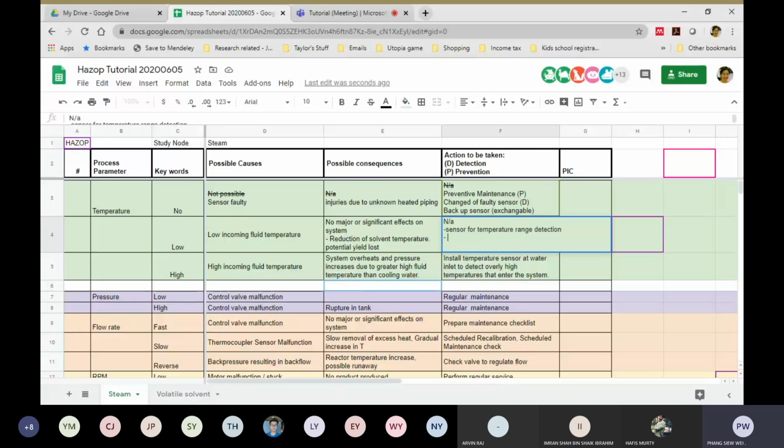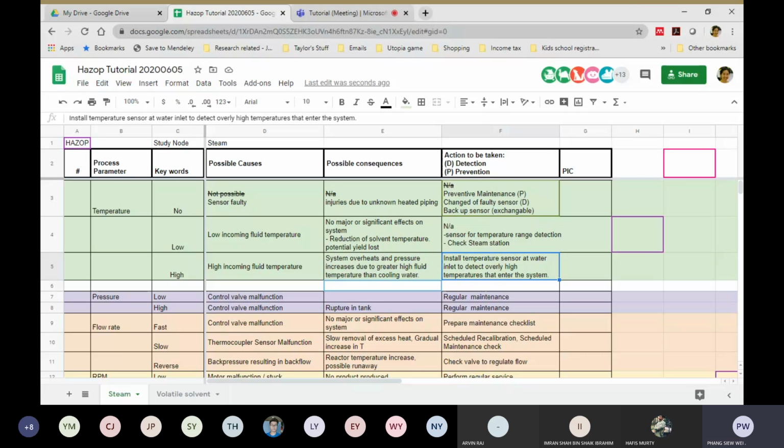What do you want to check? We will check the steam station. You check your process before that, see what went wrong. Oh, okay, I get it. You bring it back to steam before entering the solvent, right? Yes.